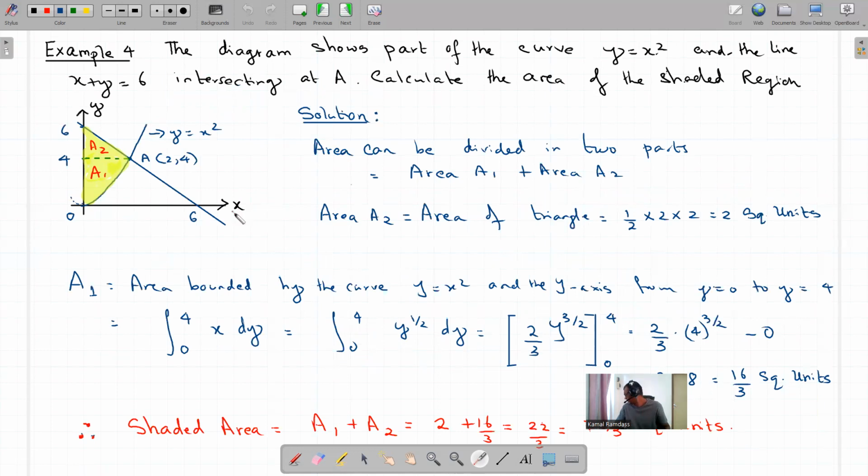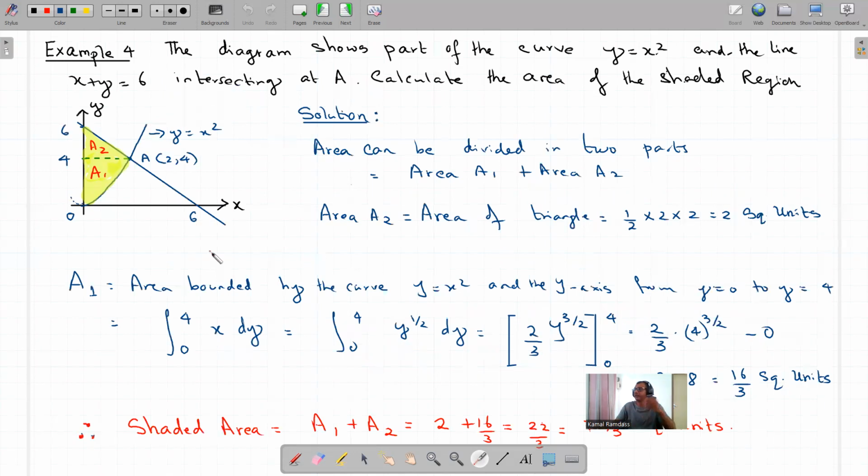Exemple 4. Je vais vous faire mon rapport là. Ouais. Exemple 4.